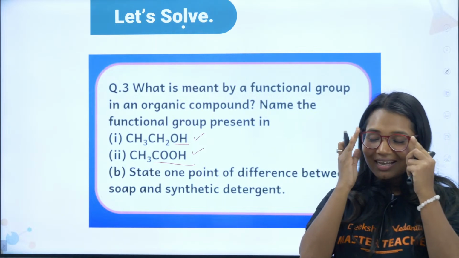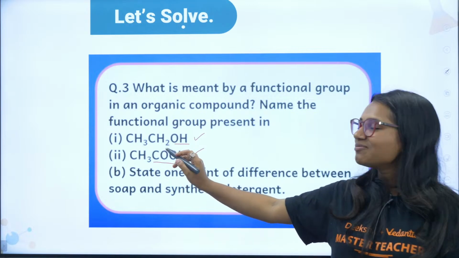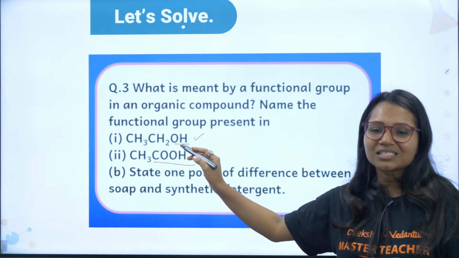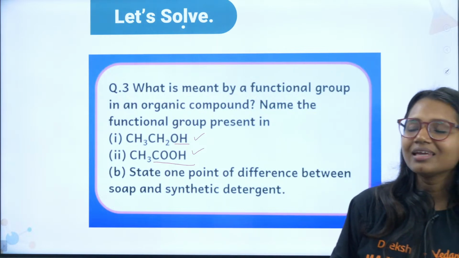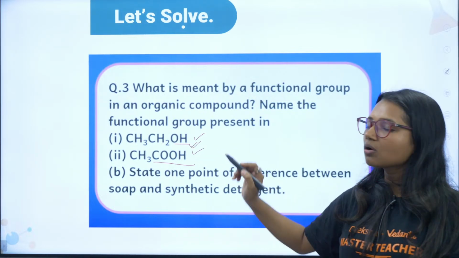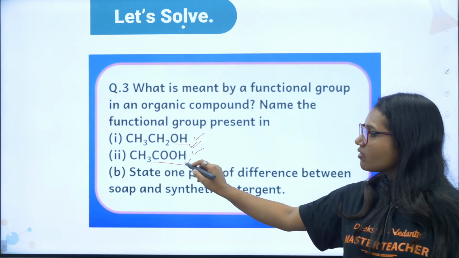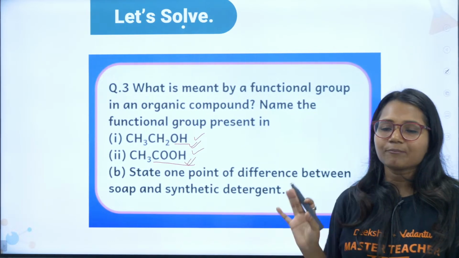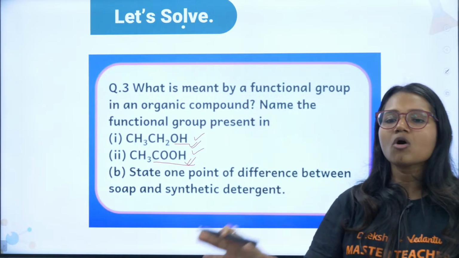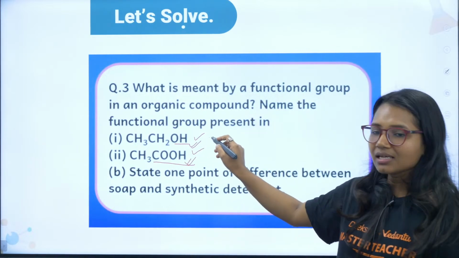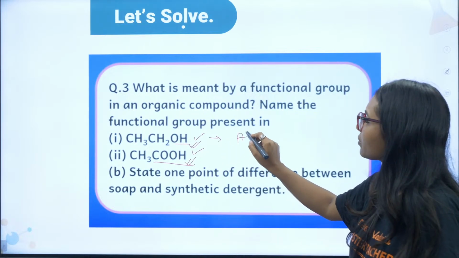Yes, absolutely correct. Tell me this is which functional group? OH. Very good, Veena. Purvi. Yes. Tell me this is which functional group, guys? And this is also which functional group? It is very, very easy to identify. If you have ever seen in the books, this one is what? Which functional group?